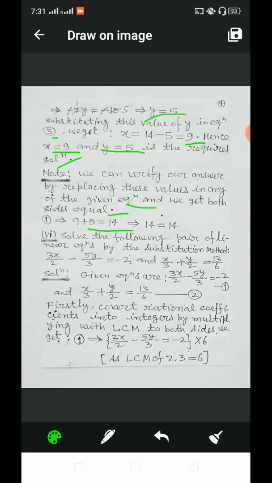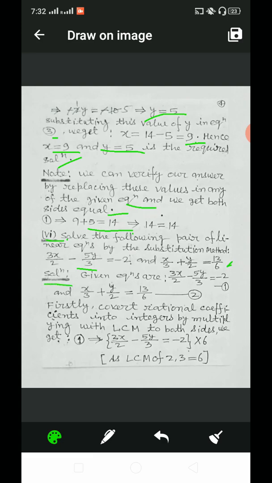Taking one more part, solve the following pair of linear equations by the substitution method. Here the equations are 3x by 2 minus 5y by 3 is equal to minus 2, and x by 3 plus y by 2 equal to 13 by 6.